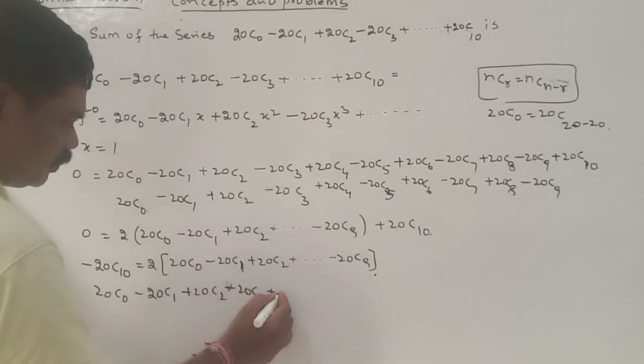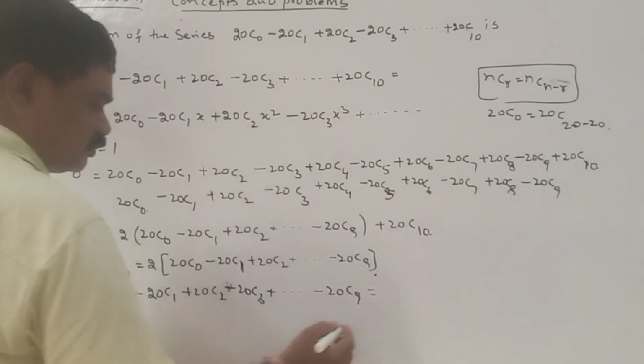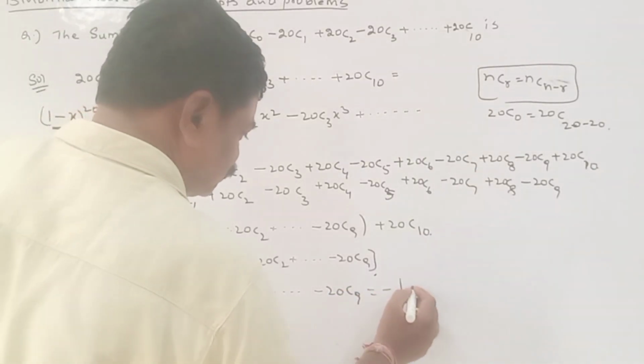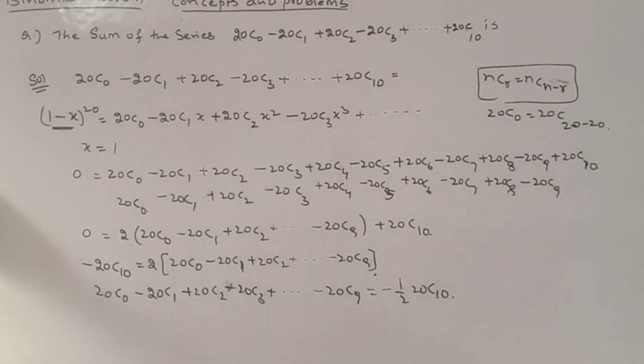20C0 minus 20C1 plus 20C2 minus 20C3 plus so on minus 20C9 equals minus 1 by 2 into 20C10.